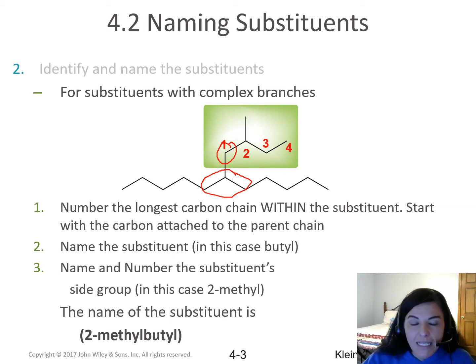I treat my substituent on the substituent that I'm currently naming the same way I would if I was naming a parent chain, and this becomes a methyl group. It's in the 2 position of a butyl group. So the whole big name for this substituent is 2-methyl-butyl. Essentially what you're doing here is taking the rules that we apply to naming an entire compound and using them to name simply the substituent.